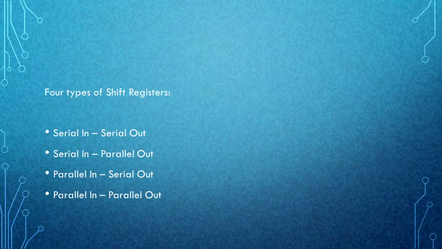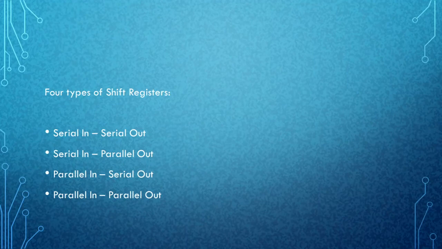Now, depending on the movement of the data, there are mainly 4 types of shift registers. Serial in, serial out: data is entered serially, one bit at a time, and received serially at the output. Second is serial in, parallel out: the data is entered serially and is received simultaneously in parallel mode from all the flip-flops.